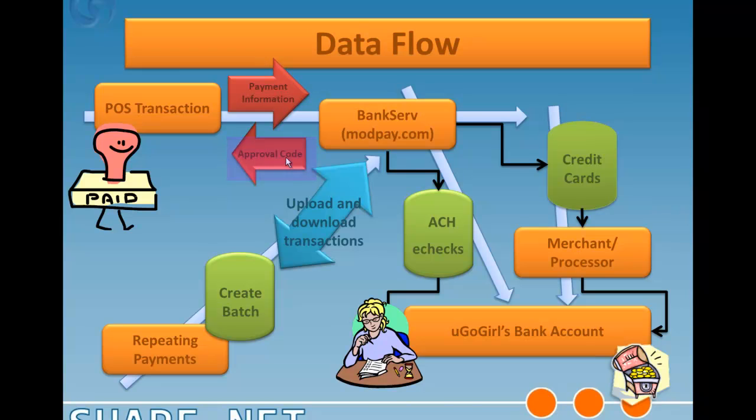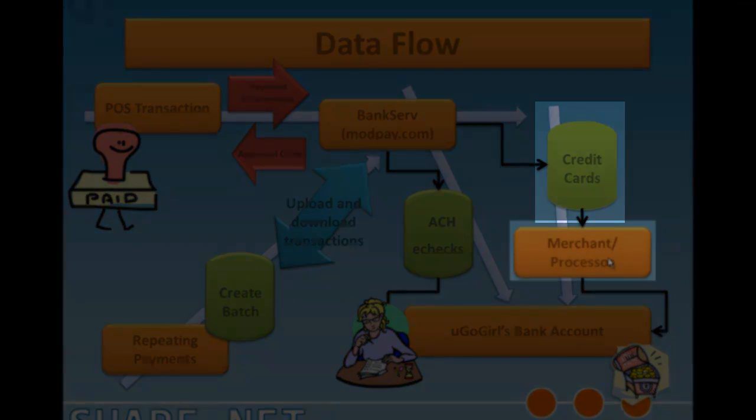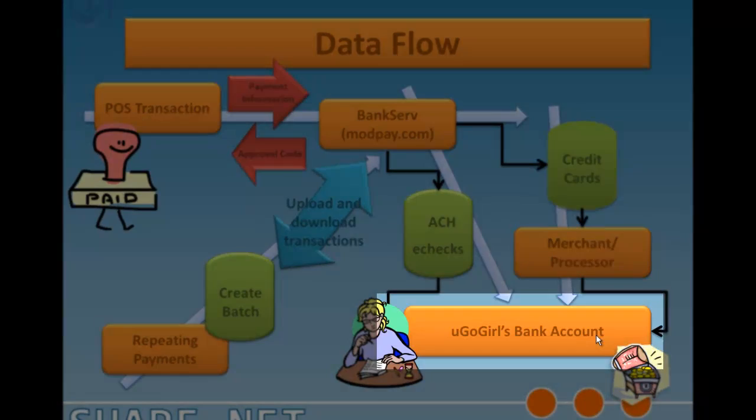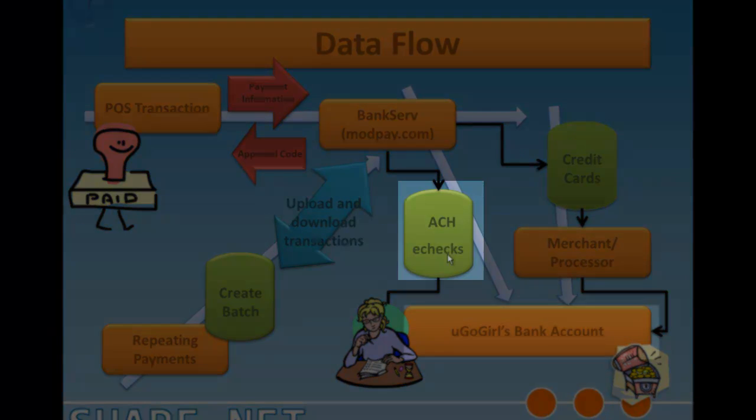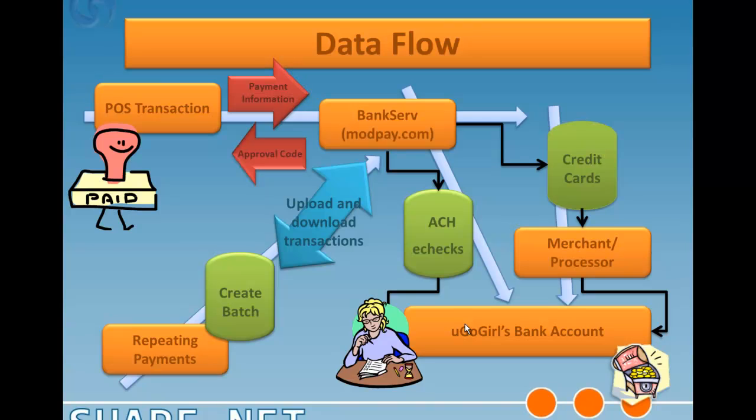As long as we get the approval code, the payment information is going to continue along its way. If it's a credit card, it's going to go to the merchant processor, and then the merchant processor is going to put the money in your bank. If it's an e-check, it's going to go straight through to your bank. And that's a point of sale transaction, whether you're collecting a first payment on a membership, payment in full on services, or a bottle of water, credit card, or e-check.